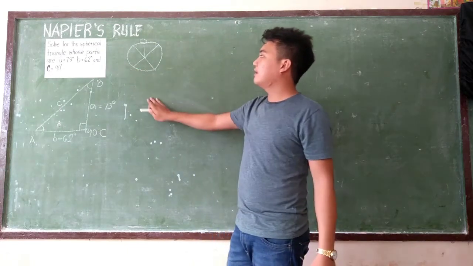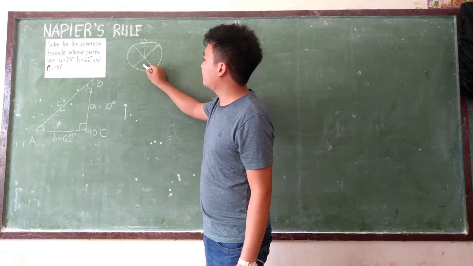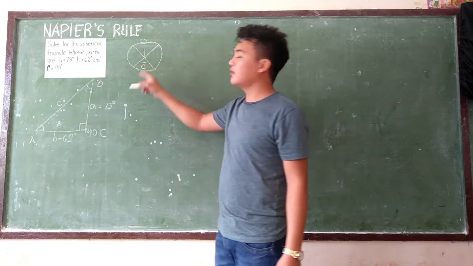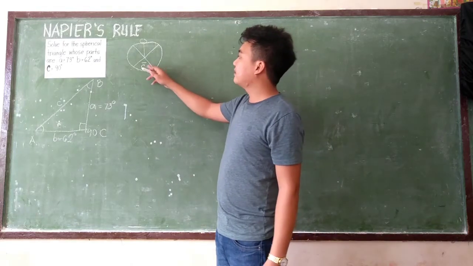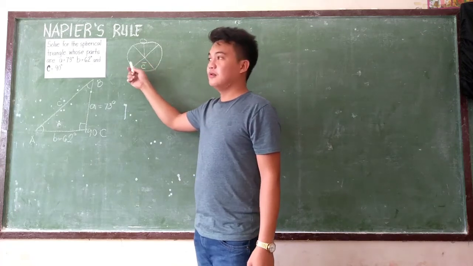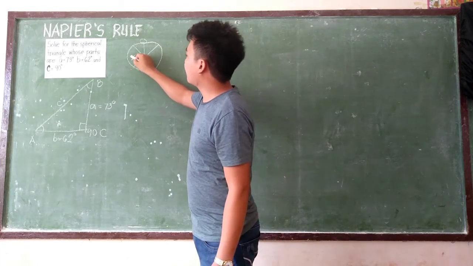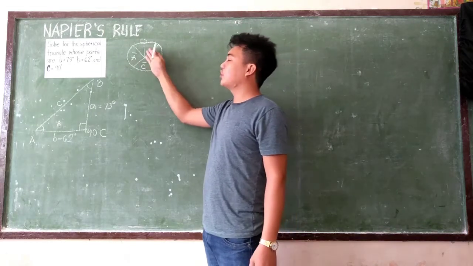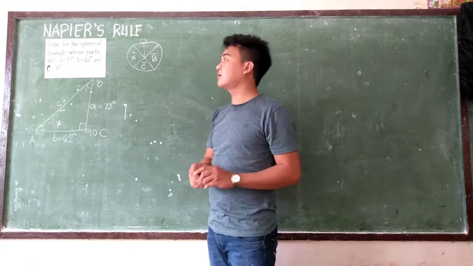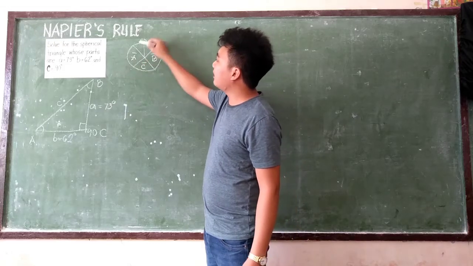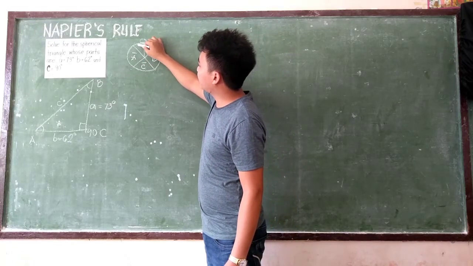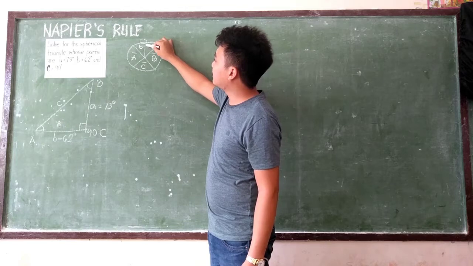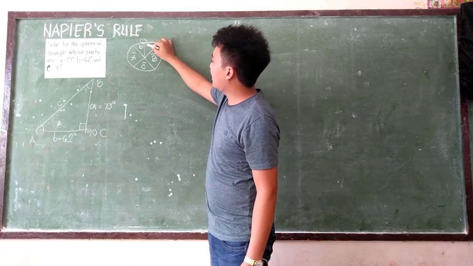So again, at the bottom, we have to put C bar, the small letter C. Then the adjacent sides, either A bar or B bar. Then the upper portion, we must do the alternate. So since this is A, we have to put this one as B, and this is A.